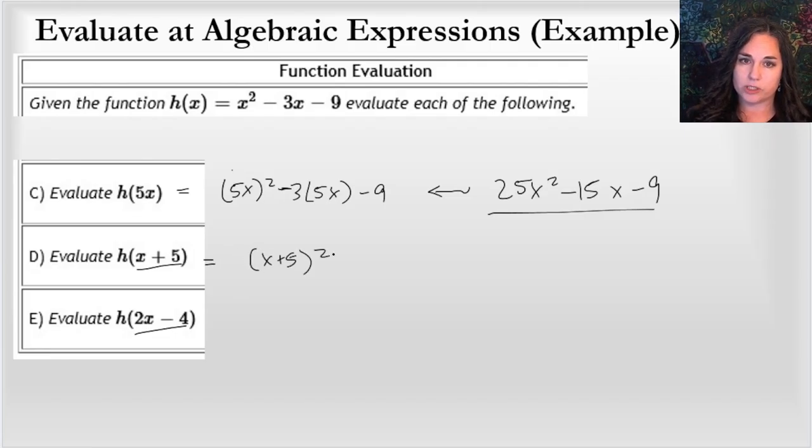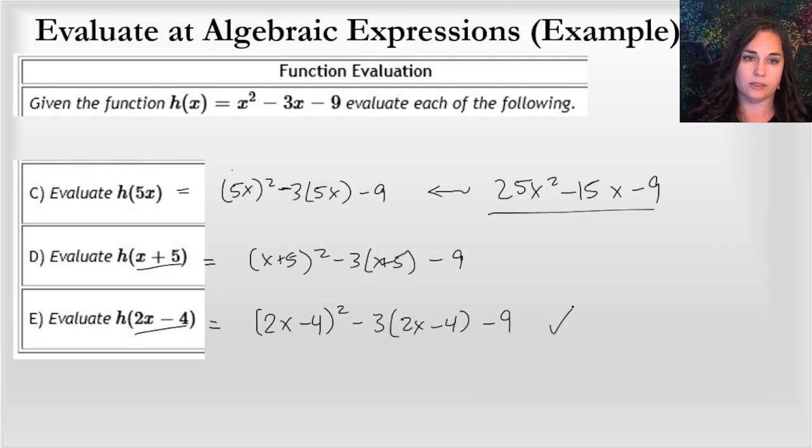X plus 5 squared minus 3 times x plus 5 minus 9. Done. That's it. Same thing down here. 2x minus 4 squared minus 3 times 2x minus 4 minus 9. Done. That's all that takes. Okay.